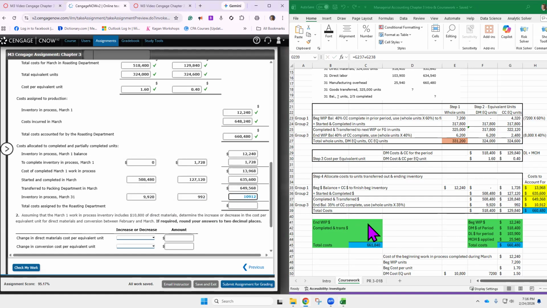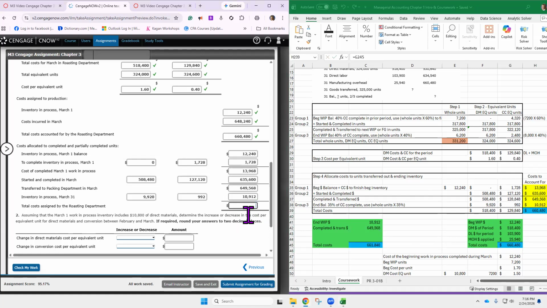That is ending inventory cost. So let's put 10,912 here. And these two have to add up to this too. So now let's put 649,568. And now all three of these add up, which is nice.